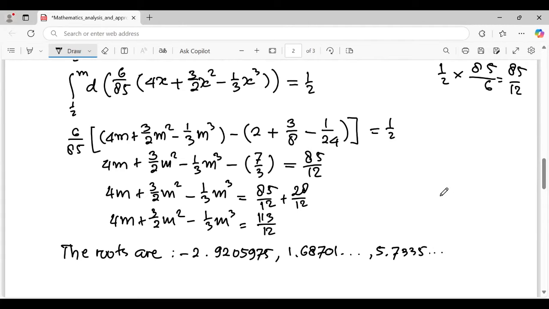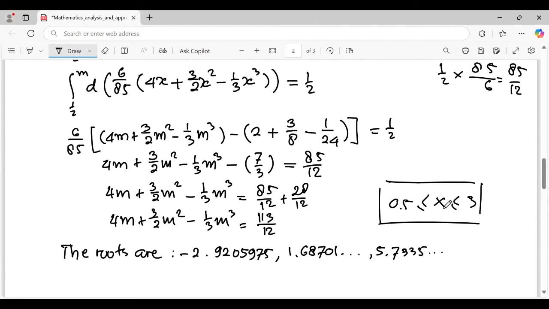But the interval of x is 0.5 to 3. That means m, the median, the maximum is 3.